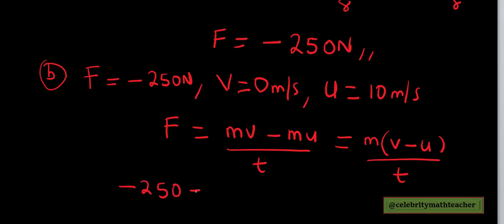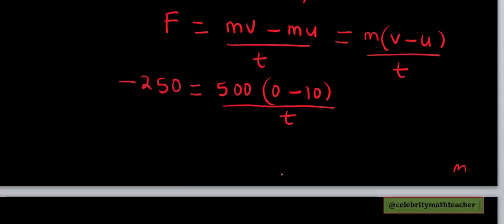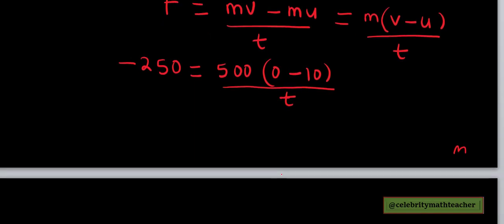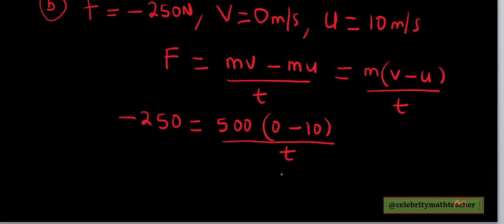Negative 250 is equal to the mass of the car, which doesn't change, it's still 500, open bracket, our final velocity here is 0 minus our initial velocity now, 10, divided by the time it will take for the car to stop, so over time.